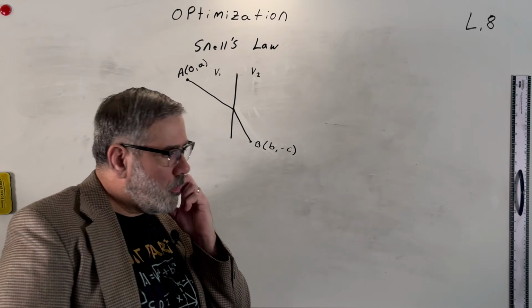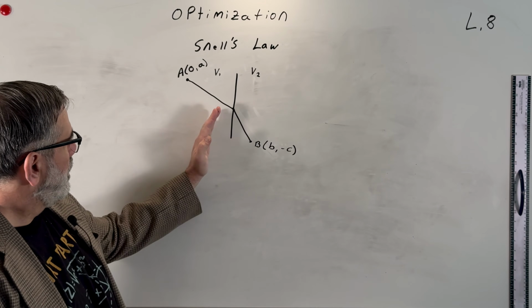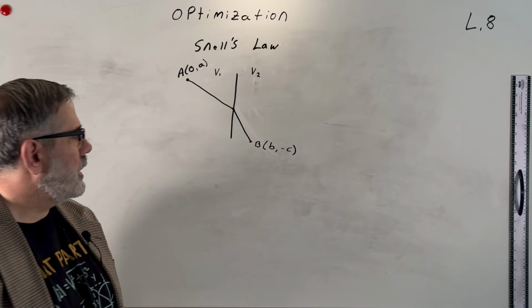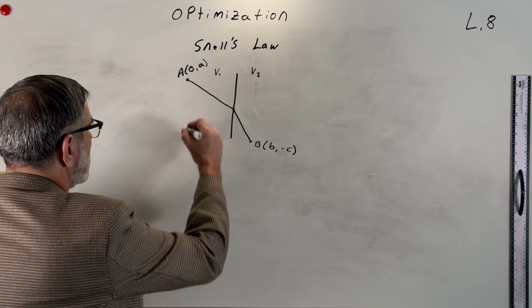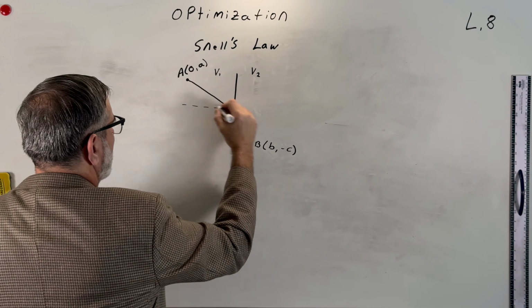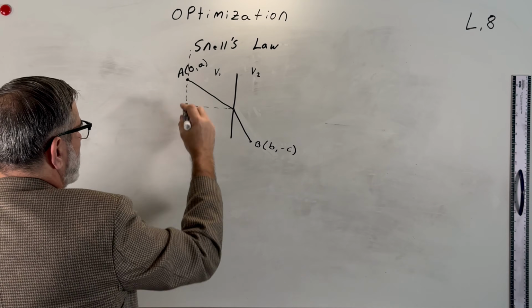Okay, so this is to model what light does at an interface. The light is propagating from point A on the left, which we're going to locate at x equals 0. So we have our coordinate system that would look like this, where this is the origin.